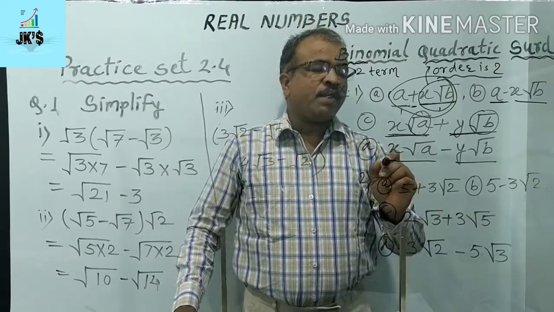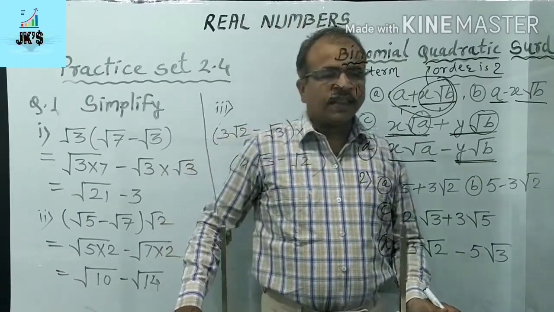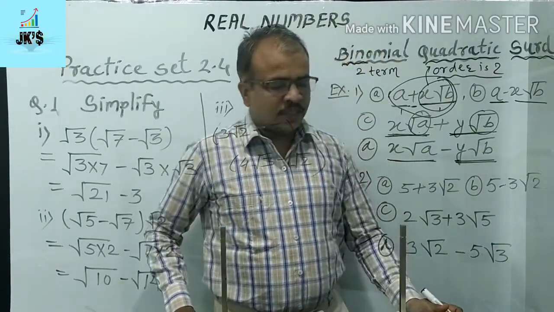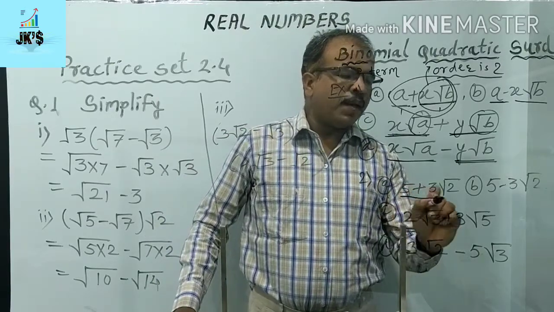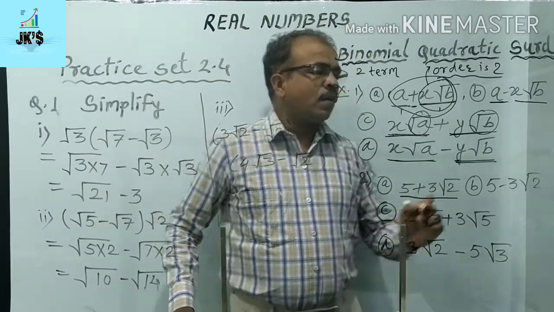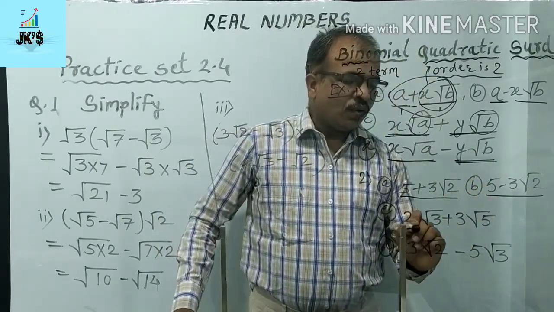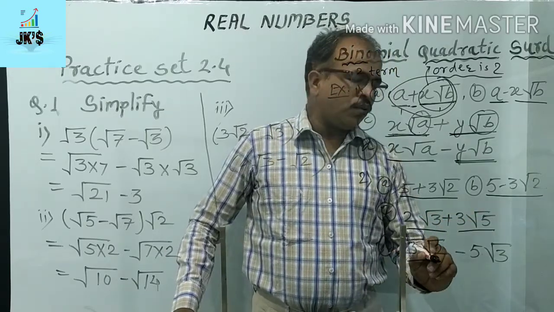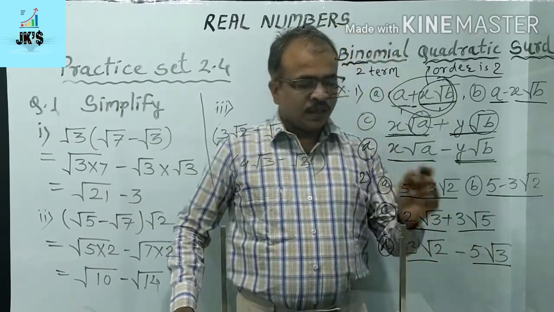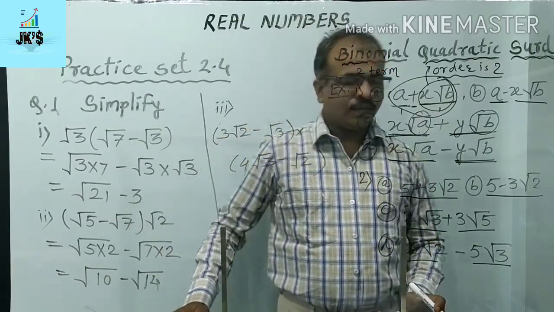Then such types of expressions are known as binomial quadratic surds. Some examples of the binomial quadratic surd are 5 plus 3 root 2, 5 minus 3 root 2, 2 root 3 plus 3 root 5, 3 root 2 minus 5 root 3. These are the examples of binomial quadratic surds.